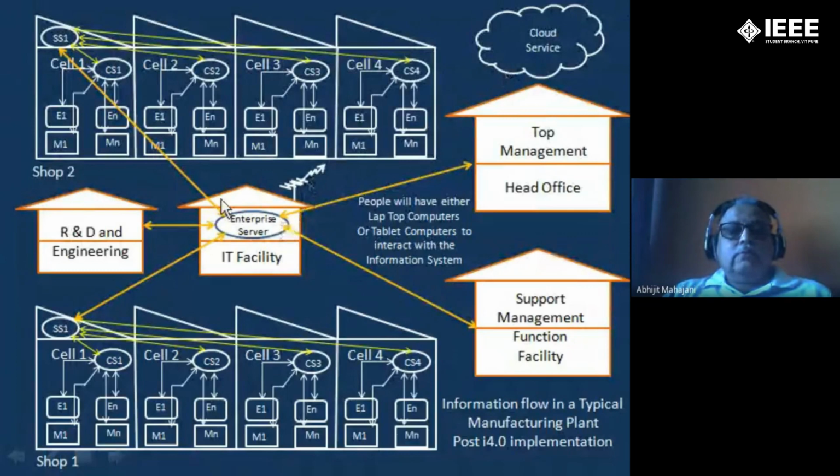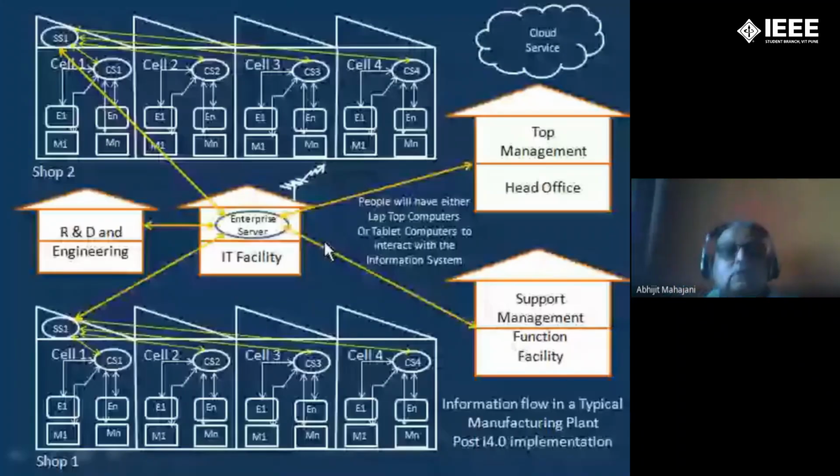The problem with cloud is that latency is one area, and security is another area. So it is recommended that most of the communication should take place through wire, and that becomes much safer. Now we can afford enterprise servers within, so usually we don't go in for cloud service.